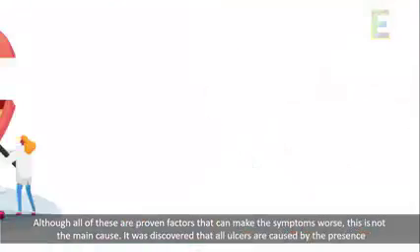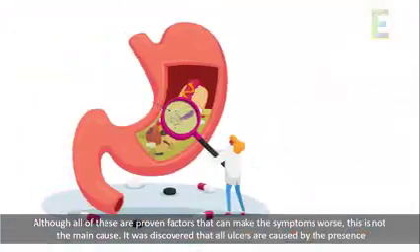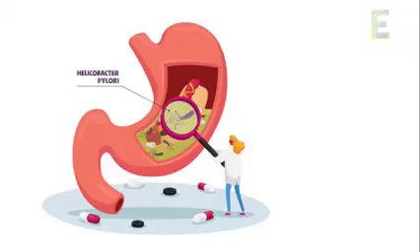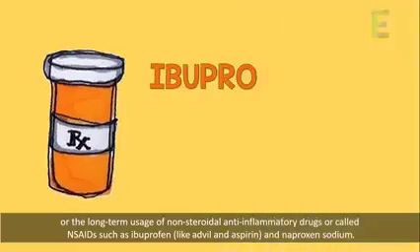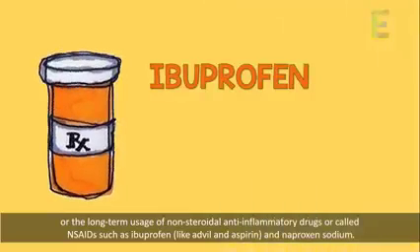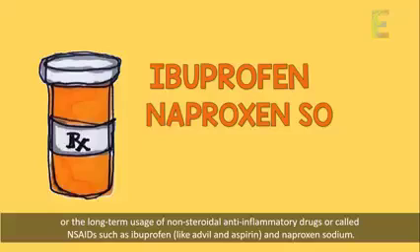It was discovered that all ulcers are caused by the presence of Helicobacter pylori or the long-term usage of non-steroidal anti-inflammatory drugs, or NSAIDs, such as ibuprofen like Advil, aspirin, and naproxen sodium.